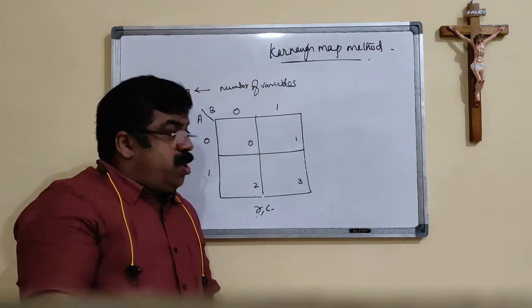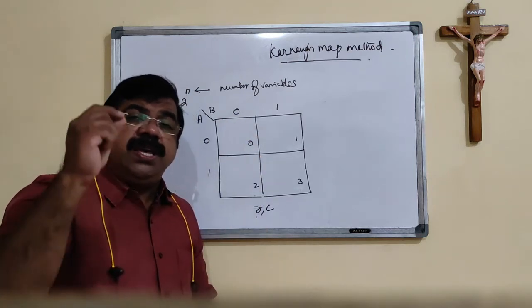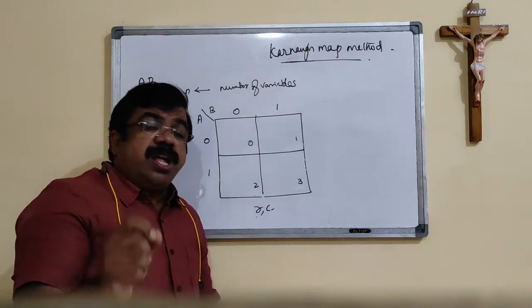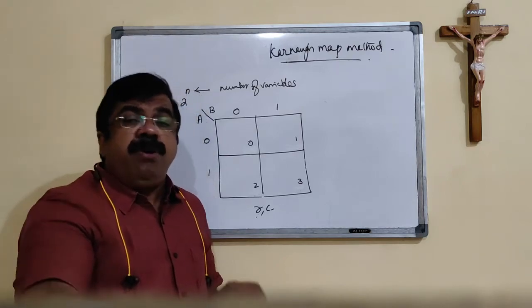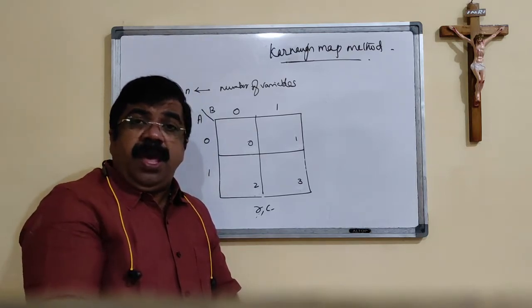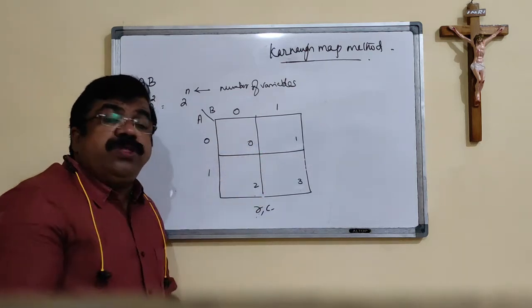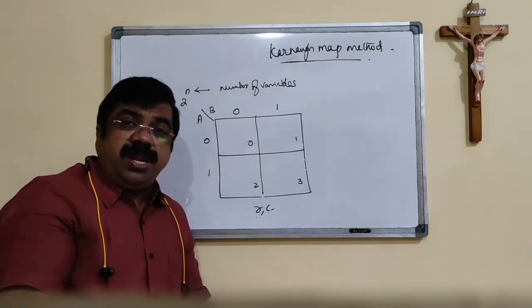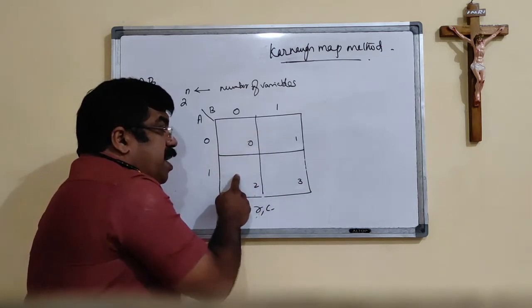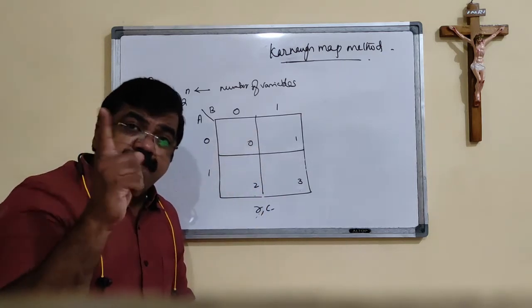I told you the Karnaugh map is a set of squares which are representing either a min term or a max term. If we represent this Karnaugh map for the reduction of an SOP expression, then these squares will be representing the min terms.